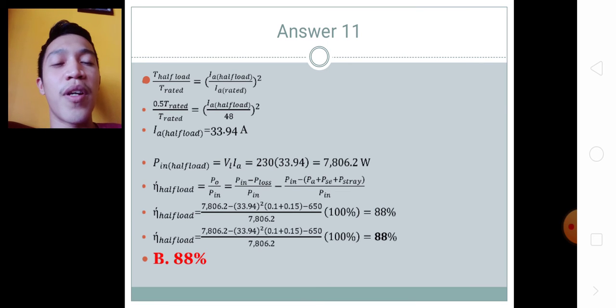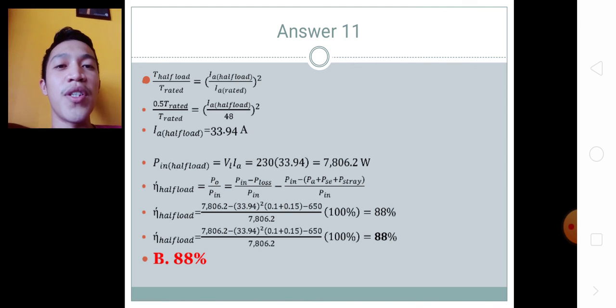Now for our input power at half load, we have V times I, where our voltage is 230 volts, already given. Then the half load current that we solved, 33.94 amperes, multiplied, gives a power of 7,806.2 watts.